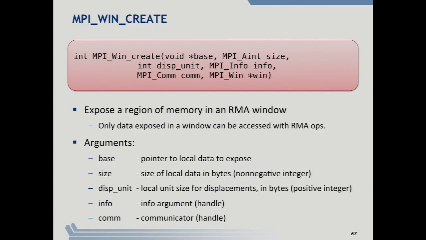So remember I said that puts and gets and so forth will indicate the location that you're accessing as an offset into this window. And so again, you're not going to be doing puts and gets to an address. You don't have to know what the address is of the target. You just need to know where in that region you want to access the offset.